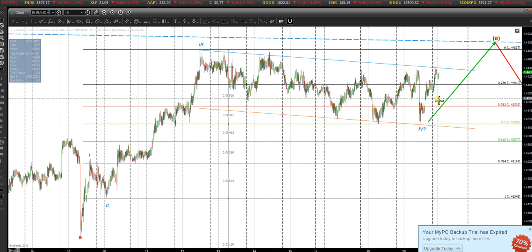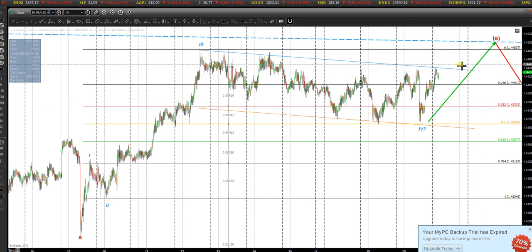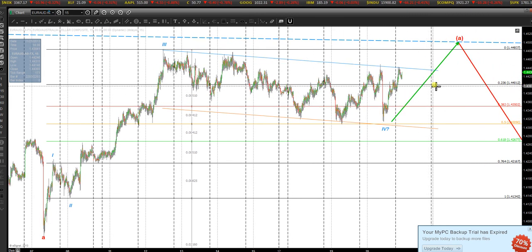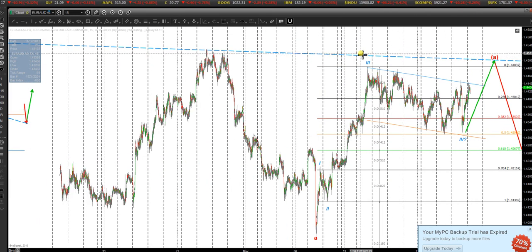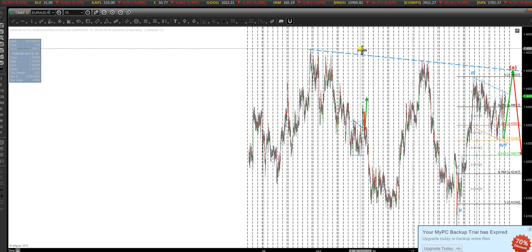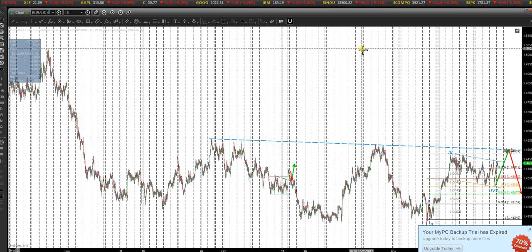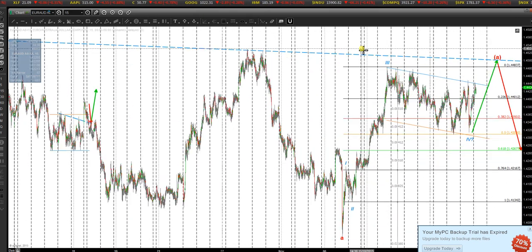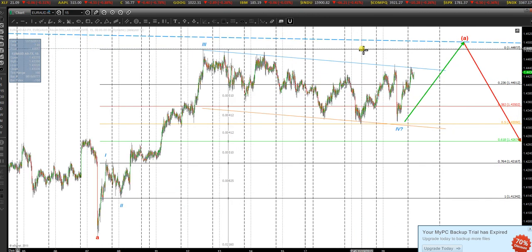So we should see prices break and push significantly higher, but I'm expecting that prices would push towards that descending trend line, which has been intact since the beginning of October, so a little over a month.